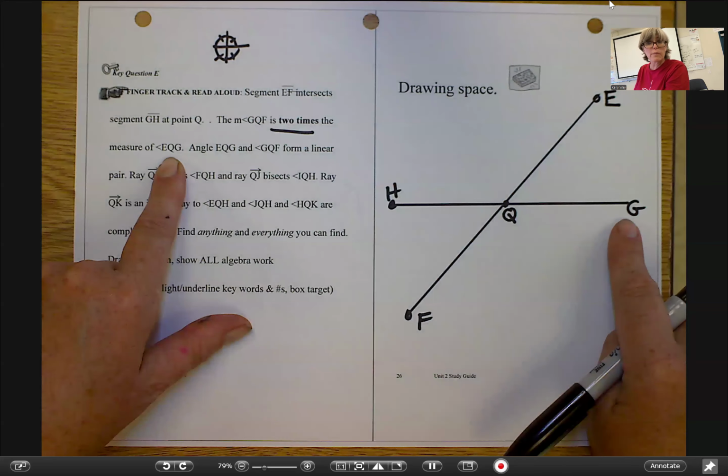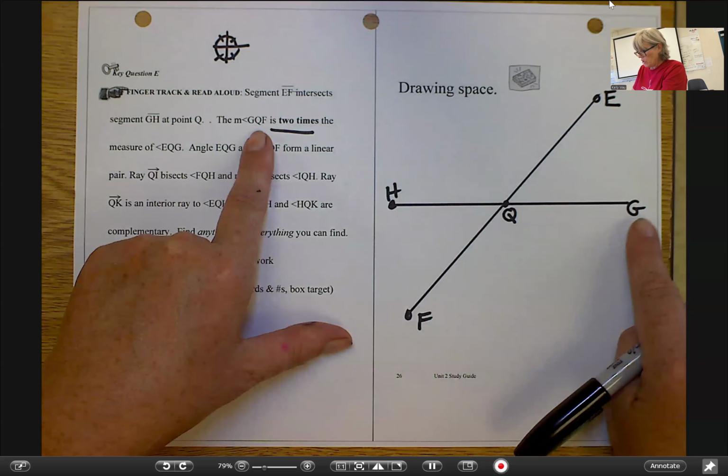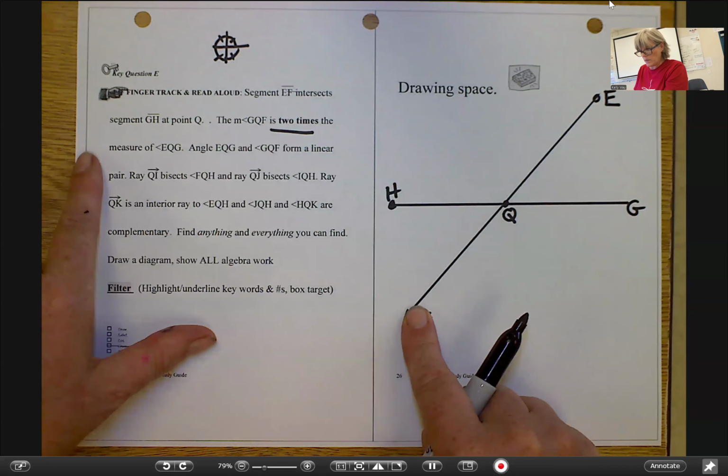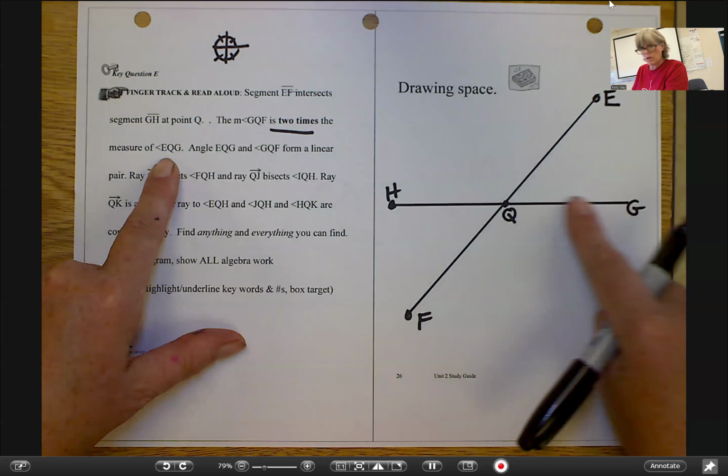So let's just double check, make sure that's drawn accurately. GQF is twice as big as EQG.